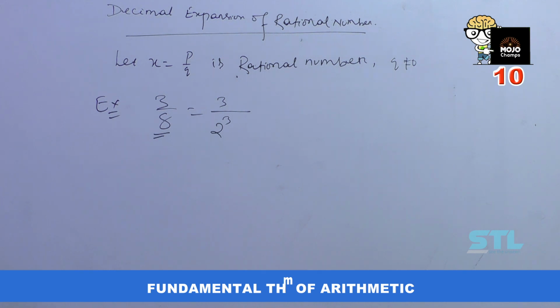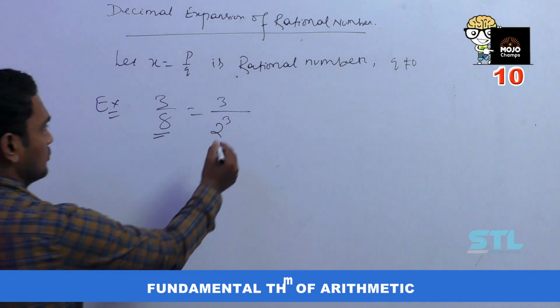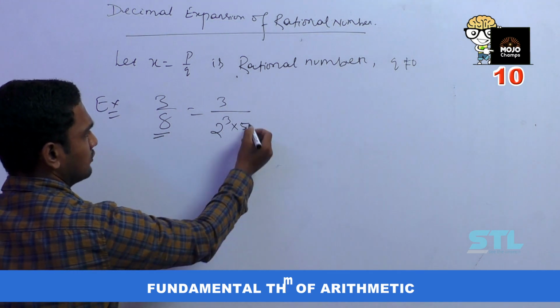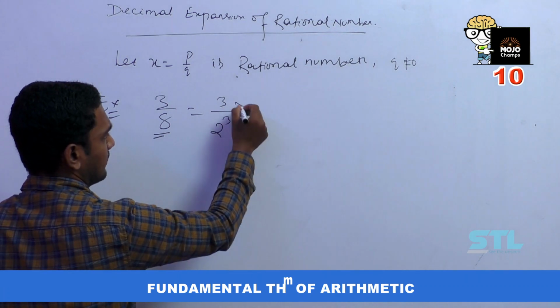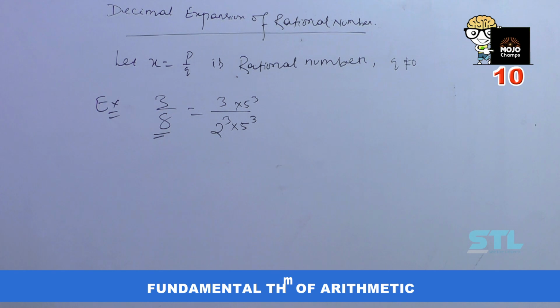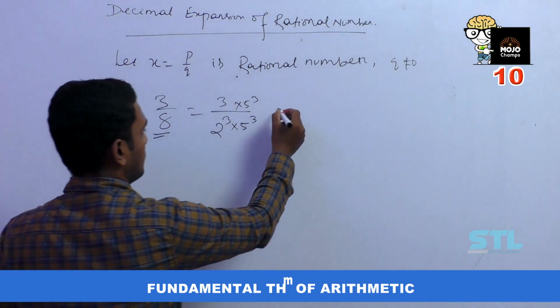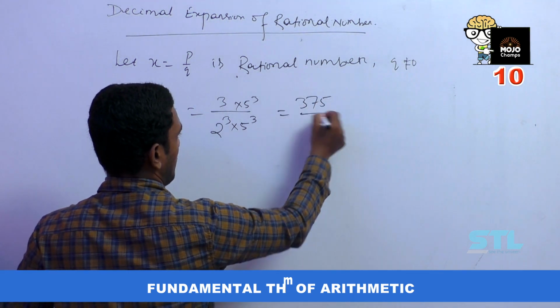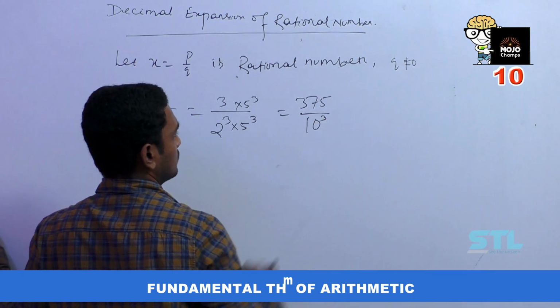Now 2 to the power n is here, so 5 to the power n I will divide and multiply. So 5 cube, I have divided and multiplied. Now it will be 375 by 10 cube.